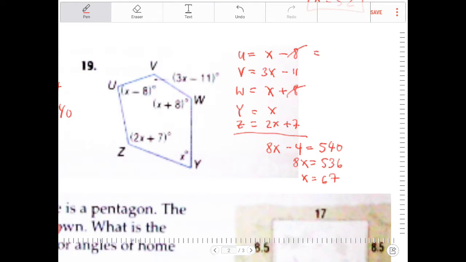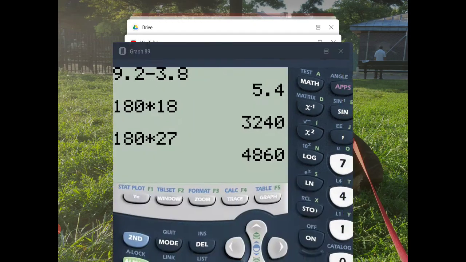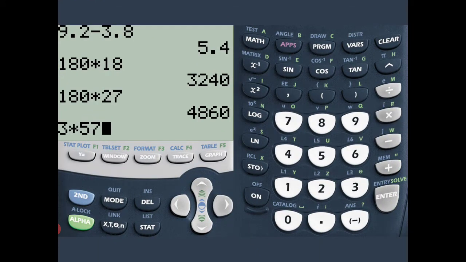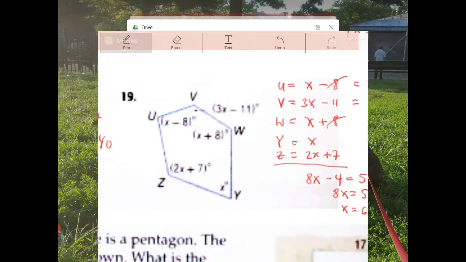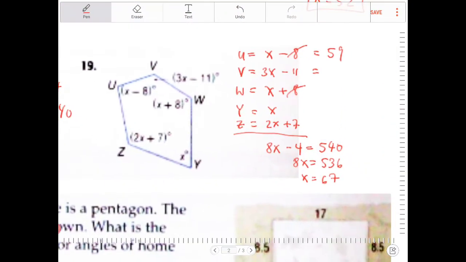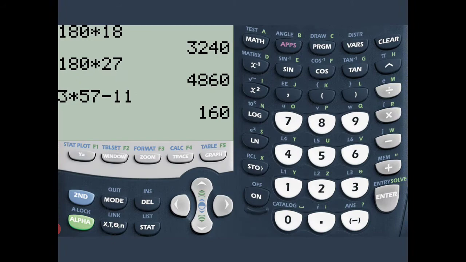So if that's the case, 67 minus 8 is equal to 59. 3 times 67 minus 11. Oh boy, it's testing me a little bit. 3 times 67 minus 11 is 190. I'm sorry, 67, I wrote 57.